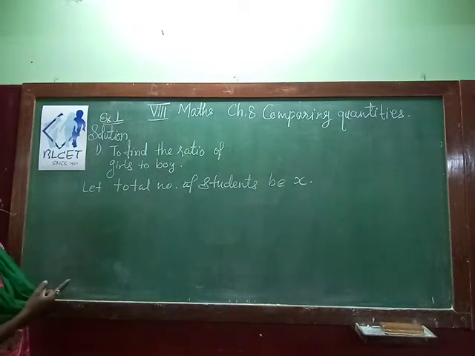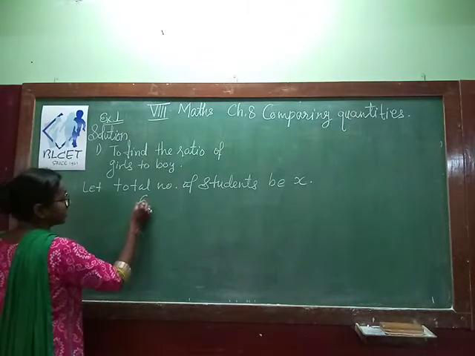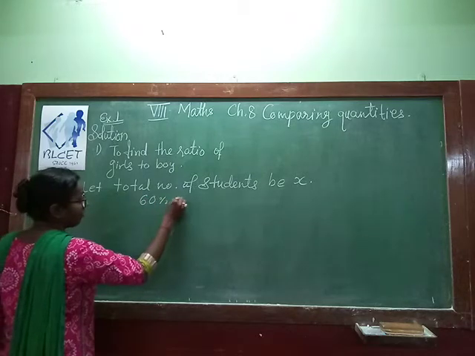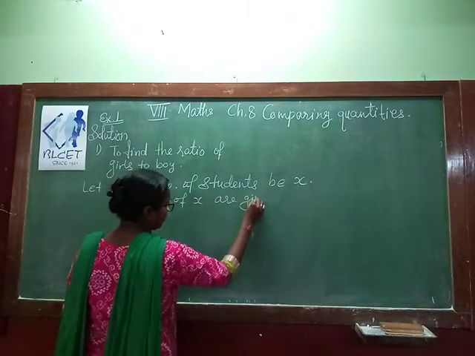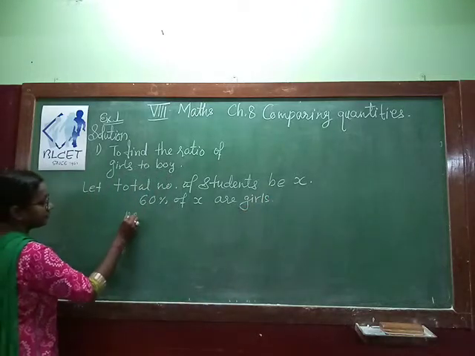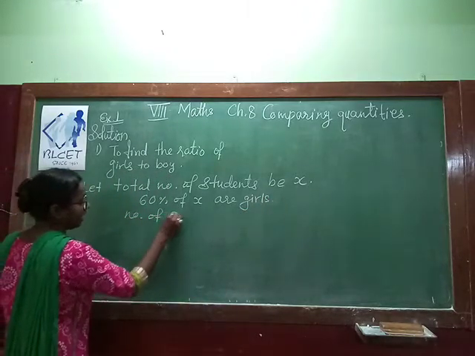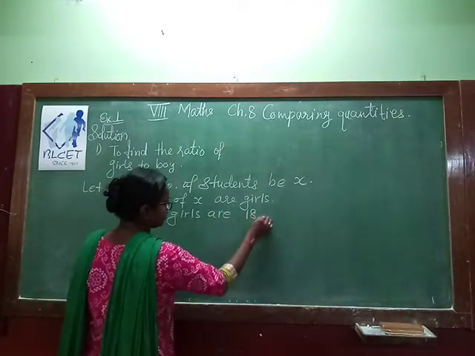Out of that, 60% of x are girls. This is also given in the question. And the number of girls are 18. This is also given.